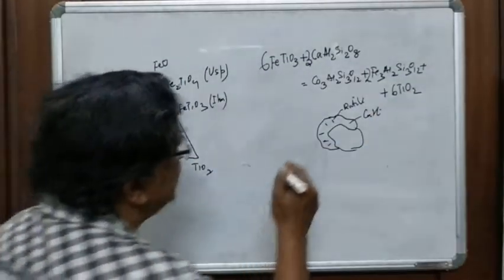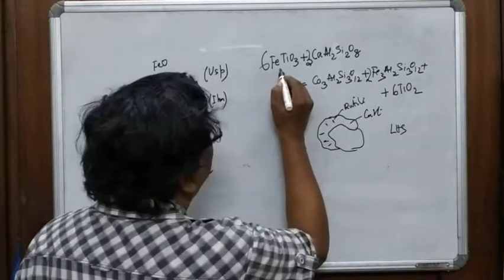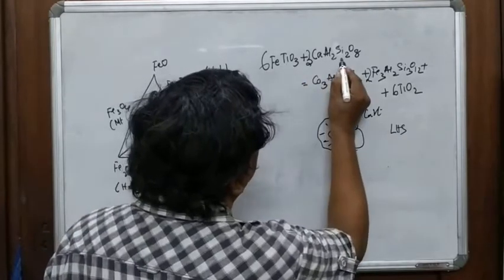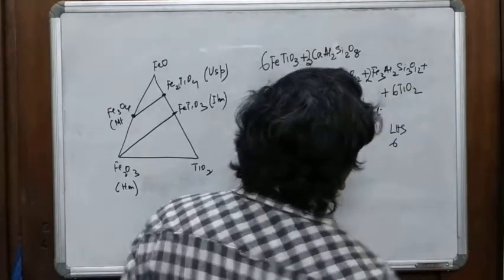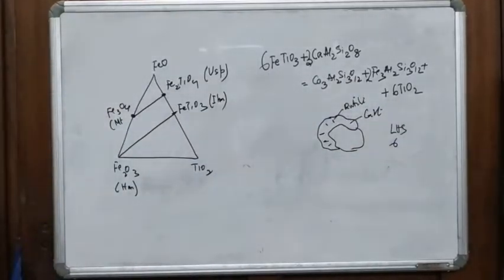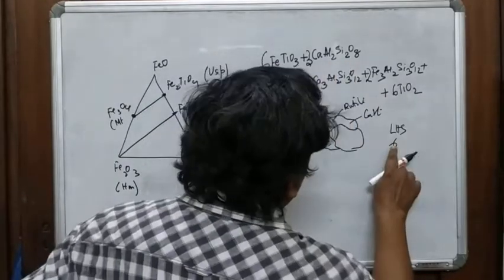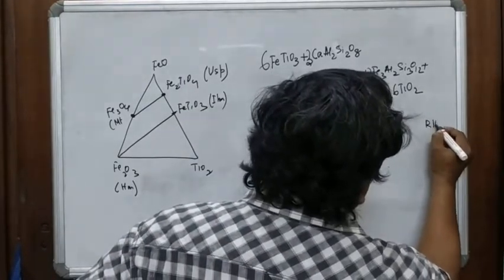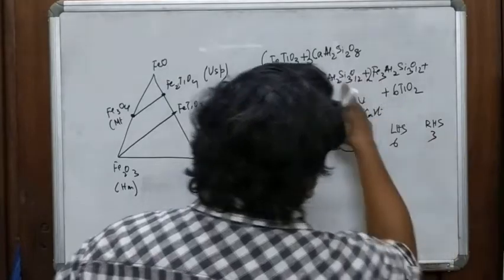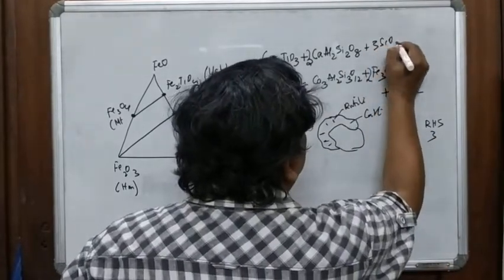So if we balance this reaction, on the left hand side you will have silicon 3 into 2, 6, and on this side, do we need quartz? Let's see, iron is balanced. So on the left hand side you have 3 into 2, 6 silicon, and on the right hand side you have 3 silicon and 3 silicon, so you should have 3 SiO2 here.